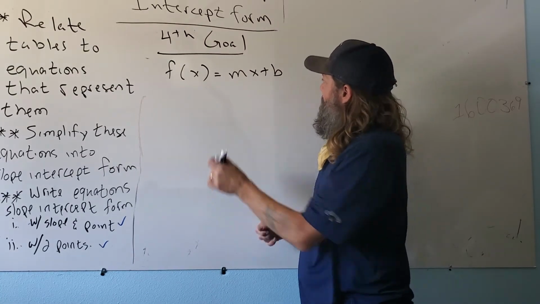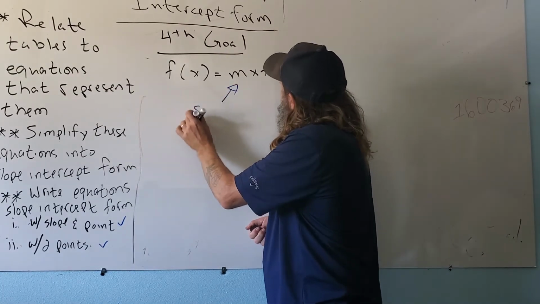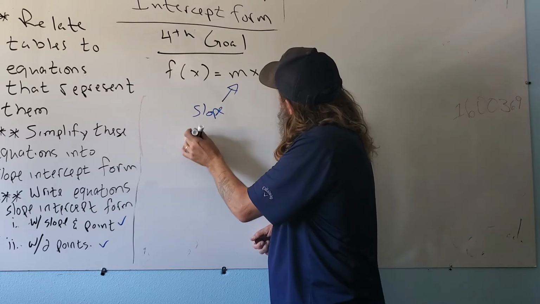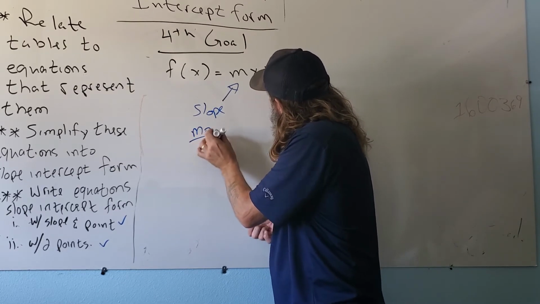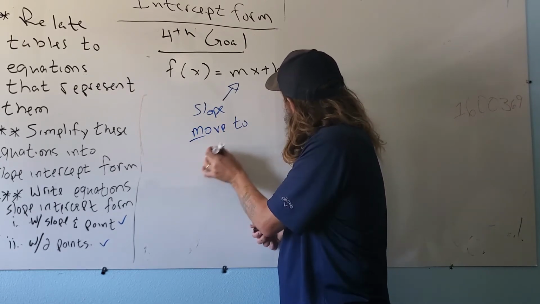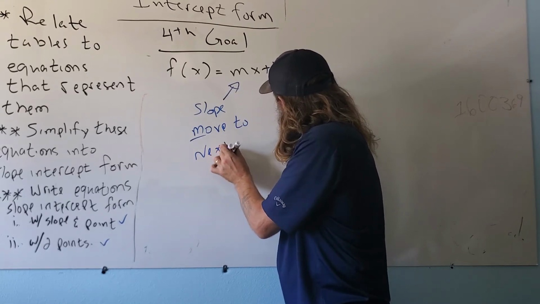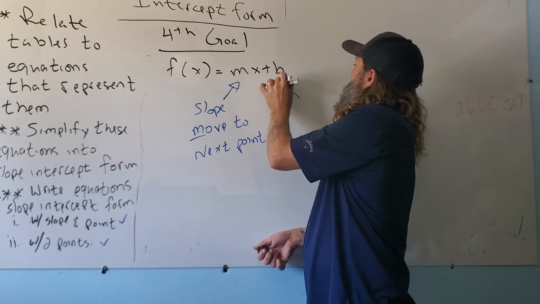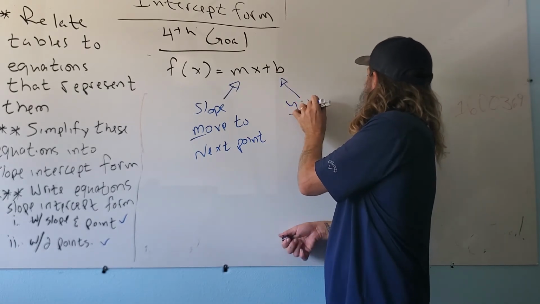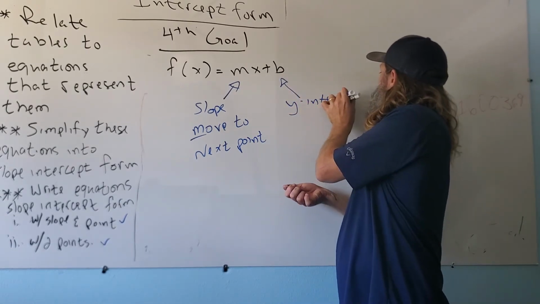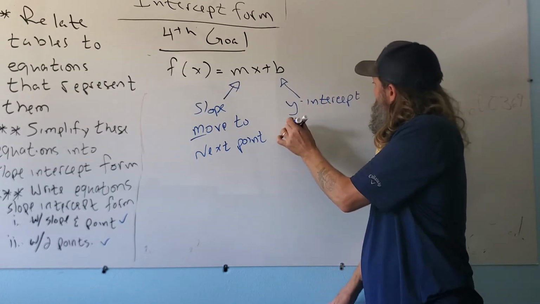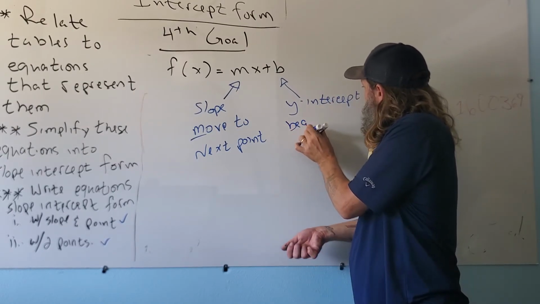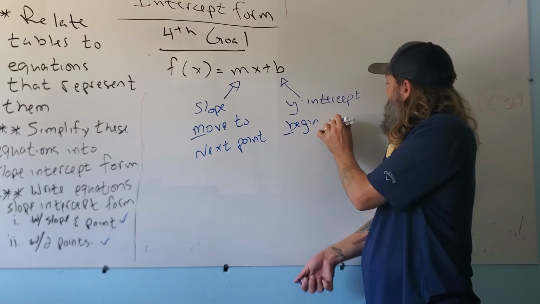M is our slope, and this is how we move to the next point. And this is my y-intercept, and this is where we begin on the y-axis.